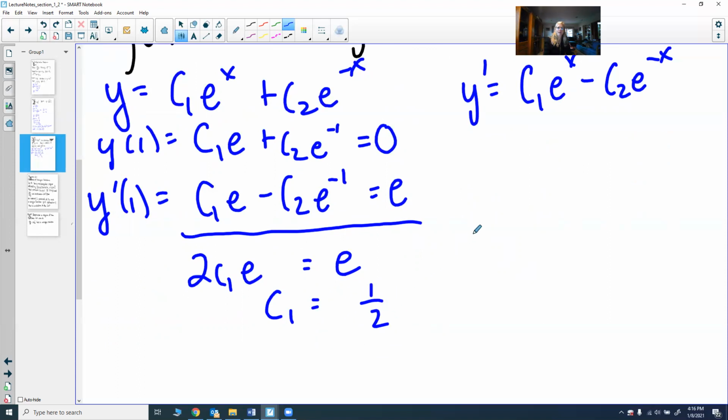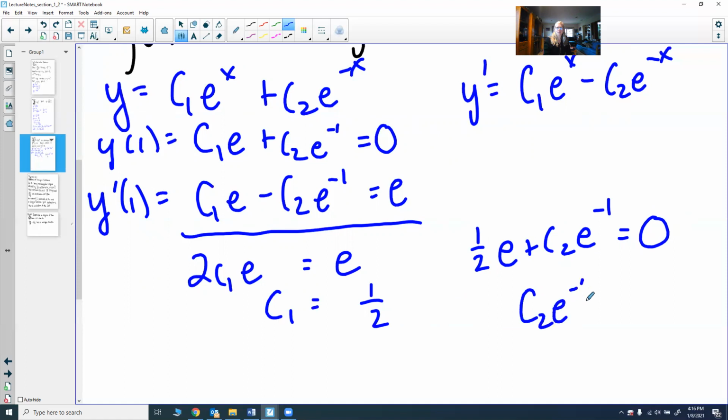Now that I know that, I can use either equation. It doesn't matter which one you use. I'll use the first one, 1/2 e plus c2 e to the negative 1 equals 0. I use this one because it equals 0, and it just seemed like it was easier that way. So c2 e to the negative 1 is equal to negative 1/2 e.